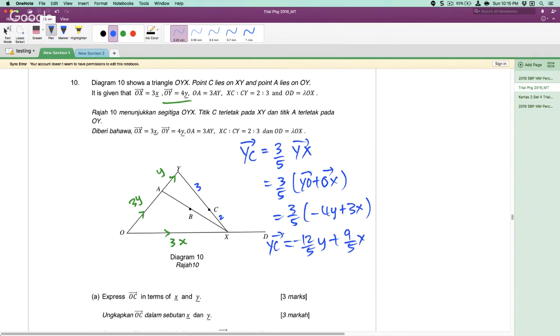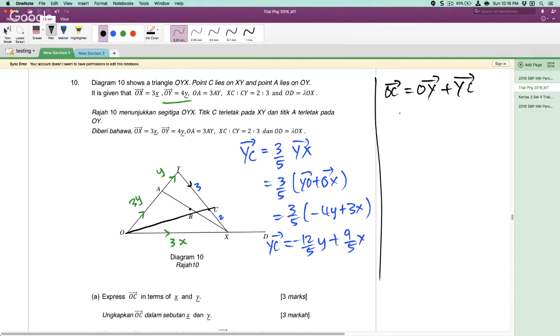Then I can get negative 12 over 5y plus 9 over 5x for YC. Why do I want to find YC? Because the question asks me to find OC. I know that OC equals OY plus YC. It's very obvious: if you want to find OC, it's just OY plus YC.